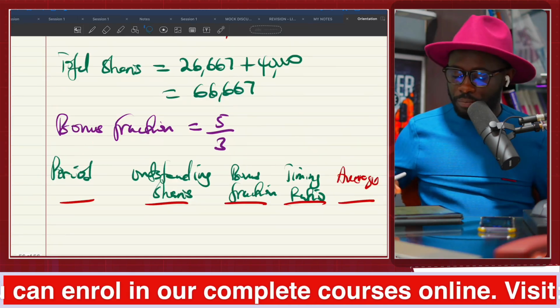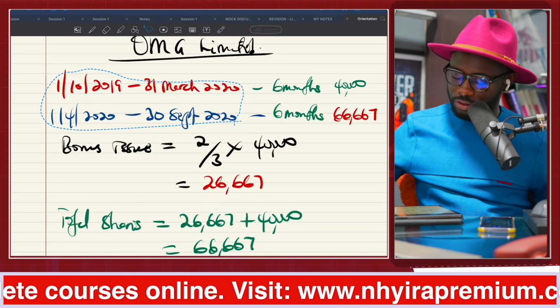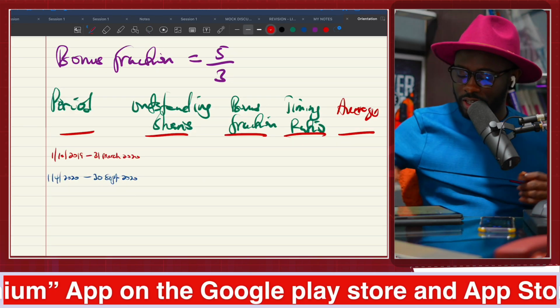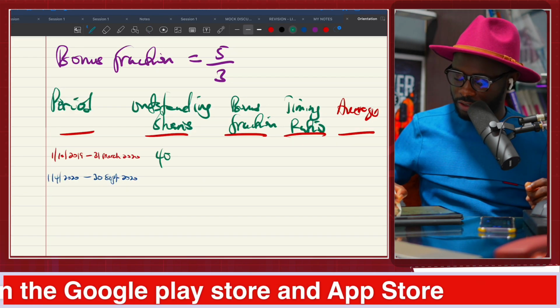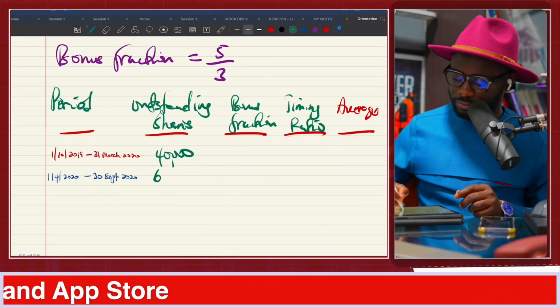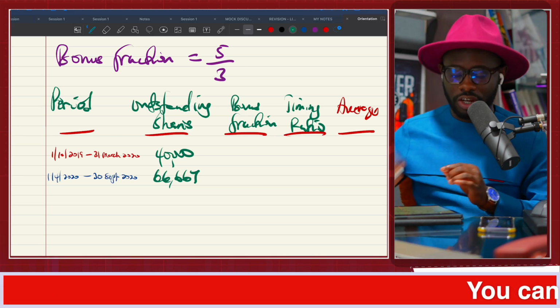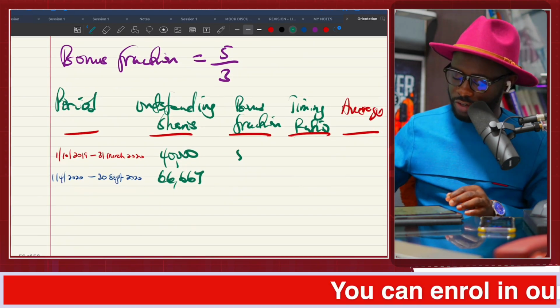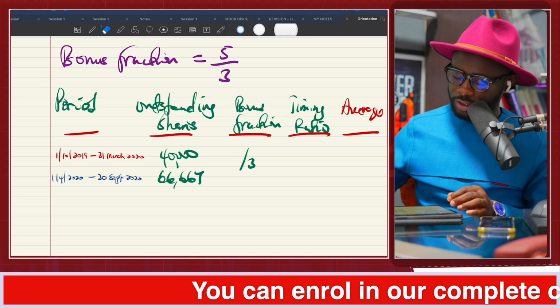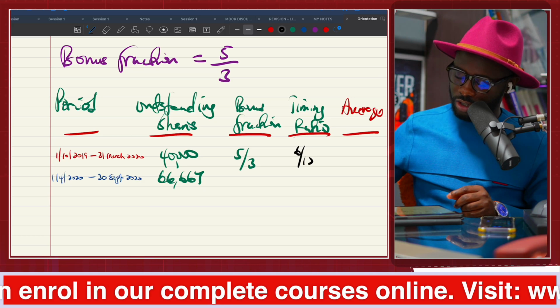So the outstanding shares for the first period is 40,000. The outstanding shares for the second period, 66,667. Then the bonus fraction, which is 5 over 3 here. Then the timing ratio, 6 over 12.